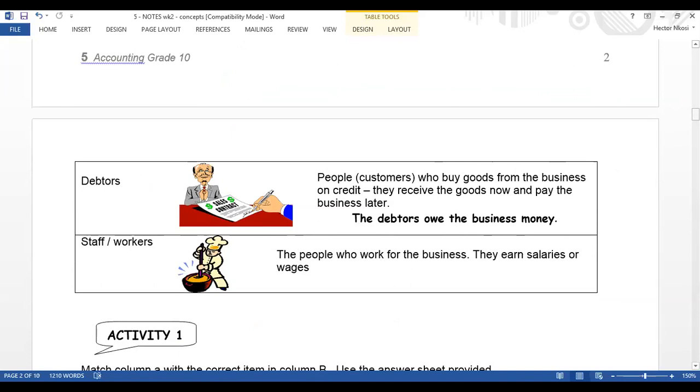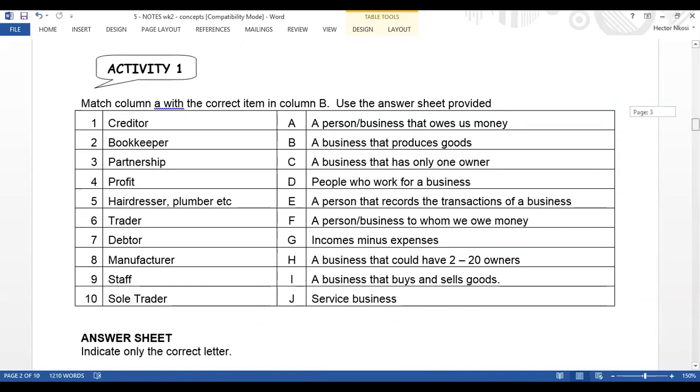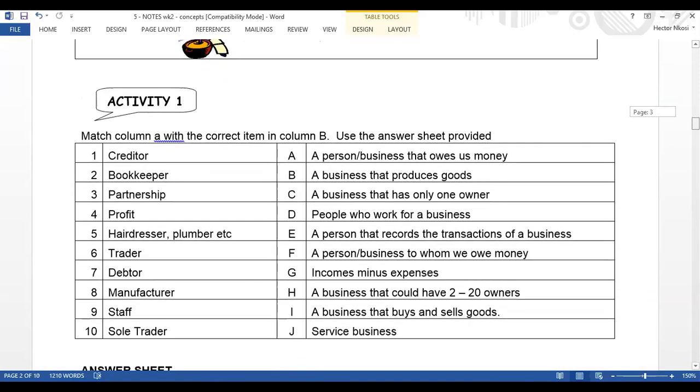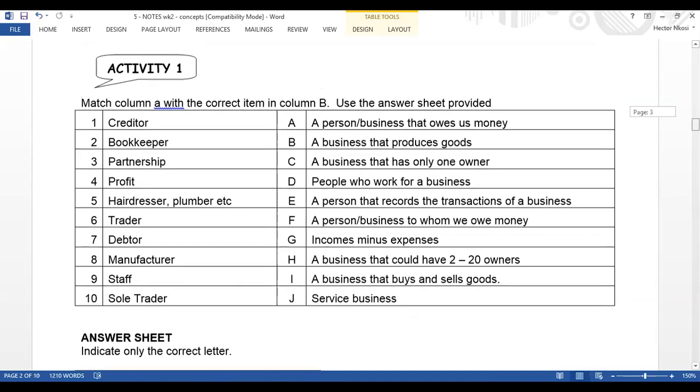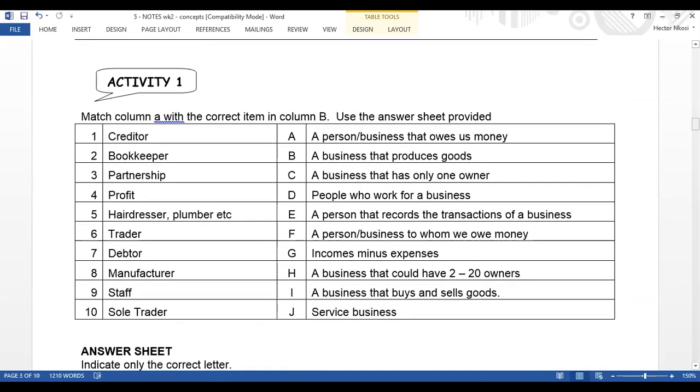Okay, I want you guys to do this as part of the homework. You can take a screenshot, or you can take a picture, or whatever. But I want you guys to do this as your homework. First thing tomorrow, we'll be marking this, guys. It's to match column A with the correct item in column B. Use the answer sheet provided.